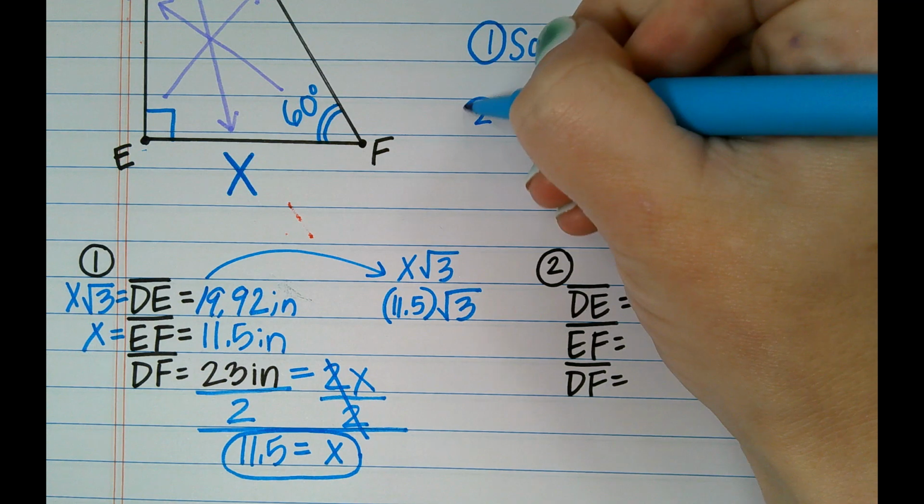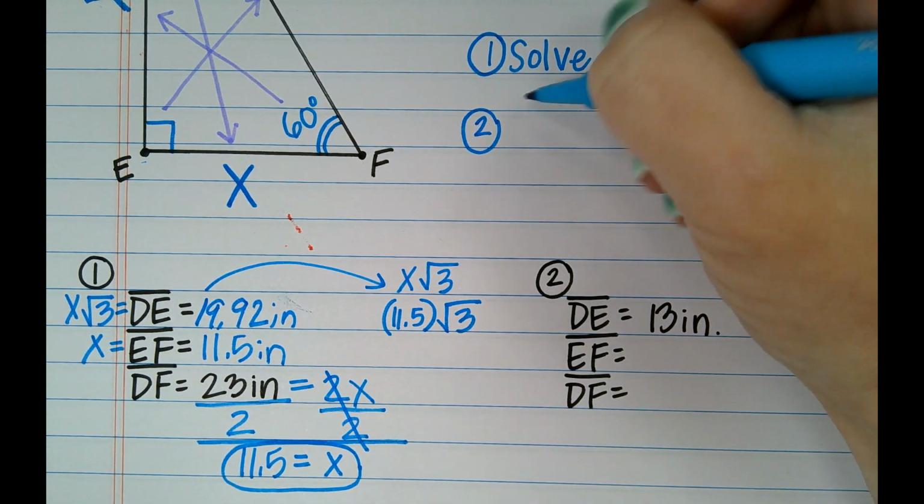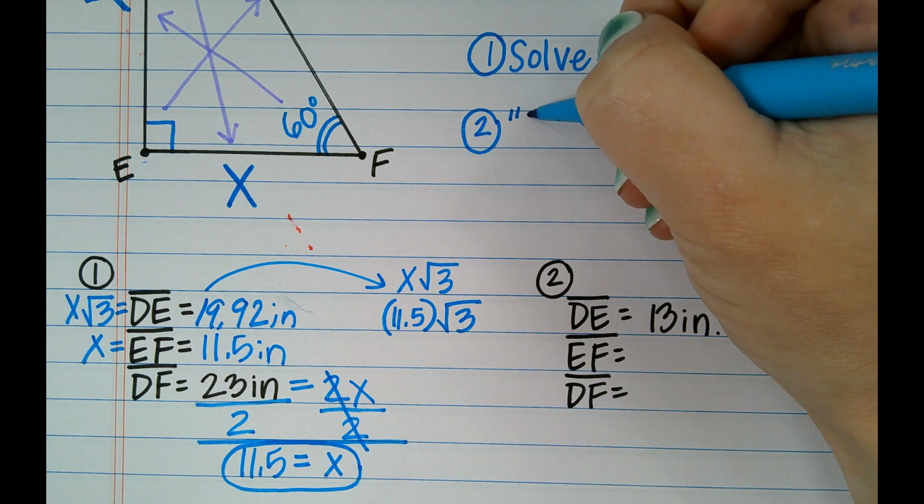It's the same step 2 as the other one. You're just plugging in the X value to solve for other sides.